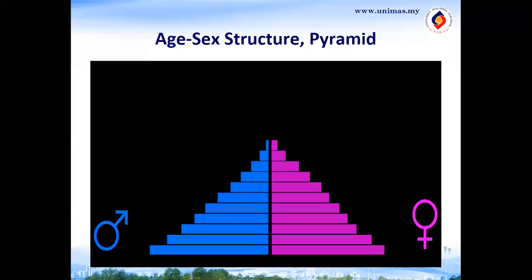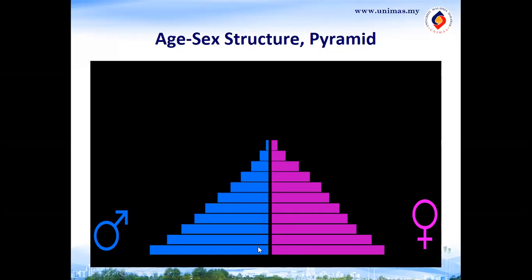Jadi contohnya berapa orang lelaki yang berumur 0 hingga 4 tahun dan juga berapa orang perempuan yang berumur 0 hingga 4 tahun. So actually the length of this bar here indicates the number of people in the population who are aged in that particular group, right?